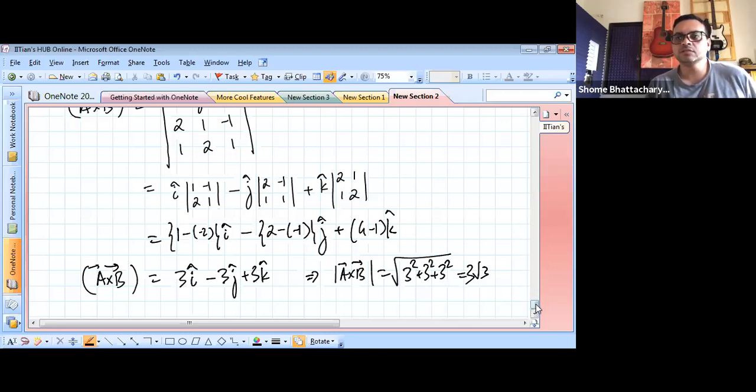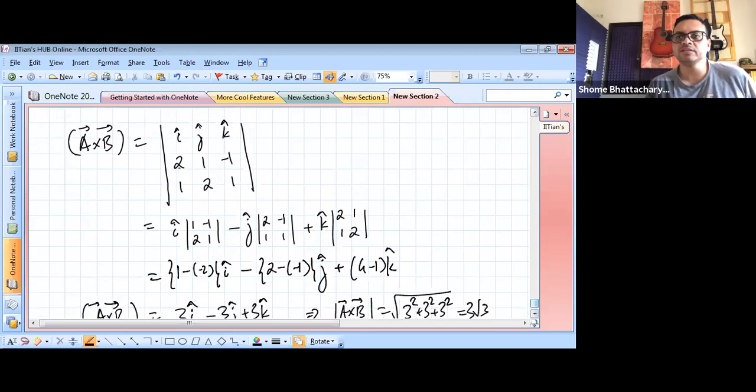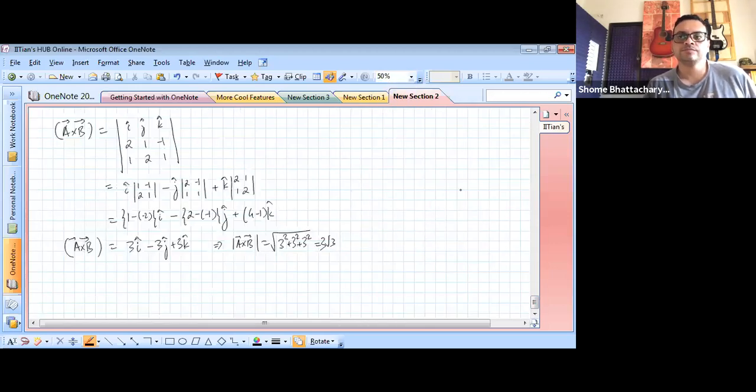Beta, that is the determinant rule: when we calculate the determinant of a 3 by 3 matrix, the middle term comes with a minus sign. That is why you will remember in the cross product, the first term was AyBz minus AzBy i cap, but the second term actually becomes AzBx minus AxBz j cap.